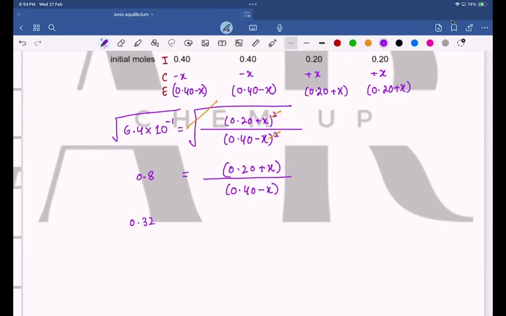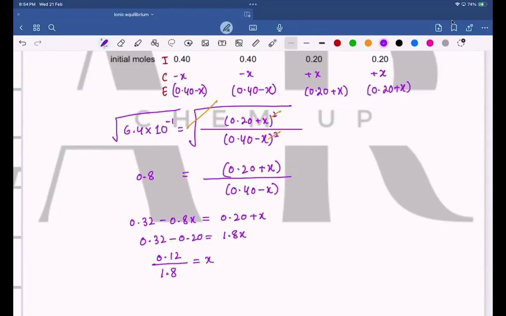Yes, 0.32. So 0.32 minus 0.8x is equal to 0.20 plus x. If I rearrange the values, it will be 0.32 minus 0.20 is equal to 0.8x plus x, which would be 1.8x. If you subtract these, you will get 0.12 divided by 1.8 is equal to x.